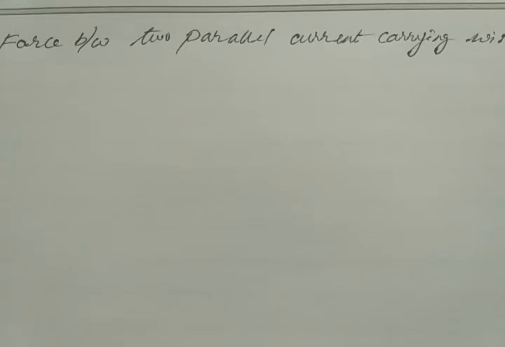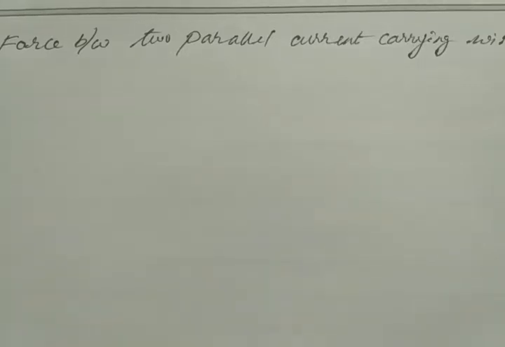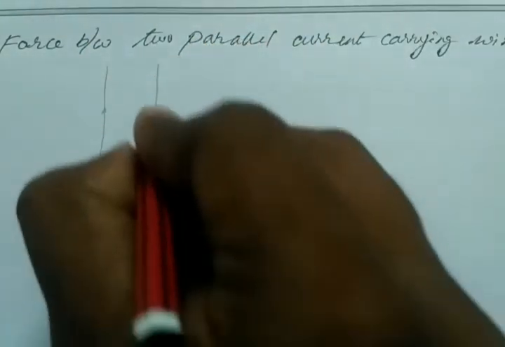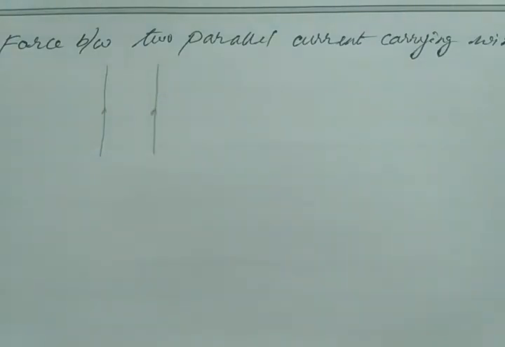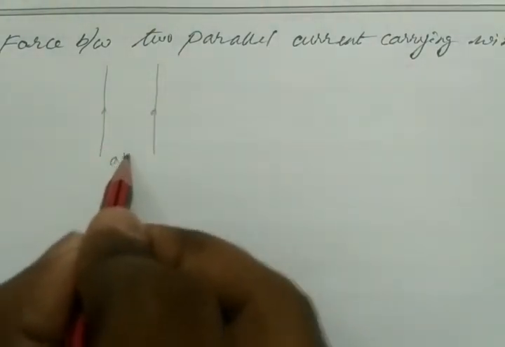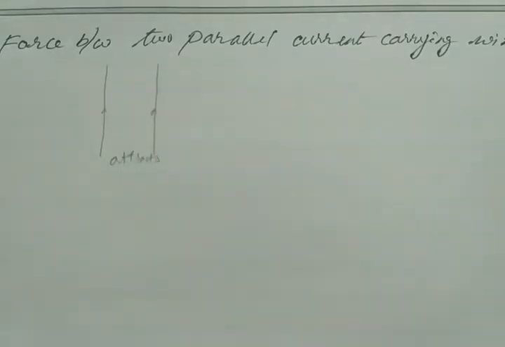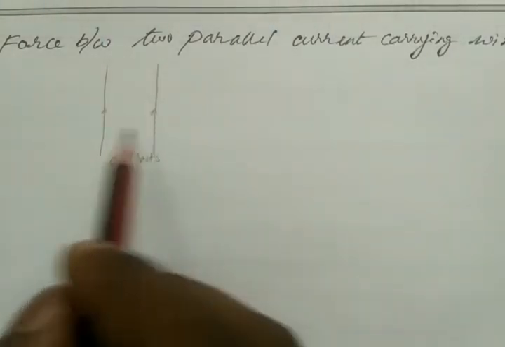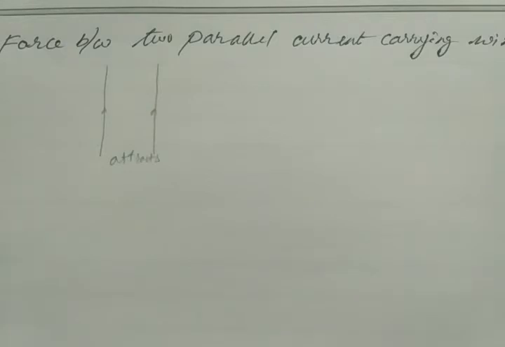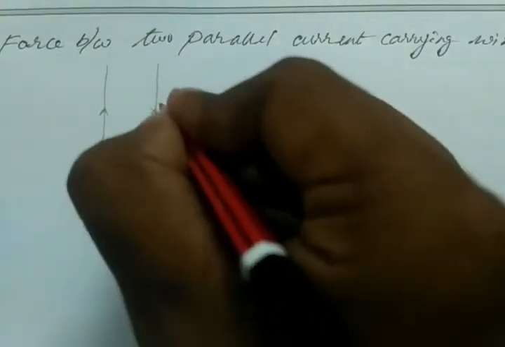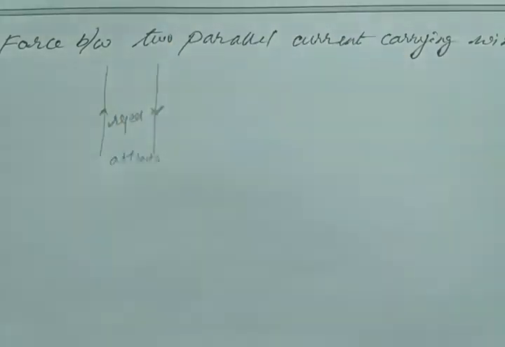The important point that you have to notice: when two wires carry current in the same direction, they attract. Kindly note it down. If two wires carry current in the opposite direction, here current is going upwards, current is coming downwards, then they repel.